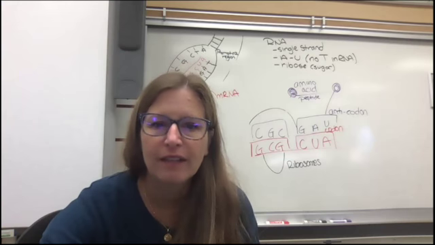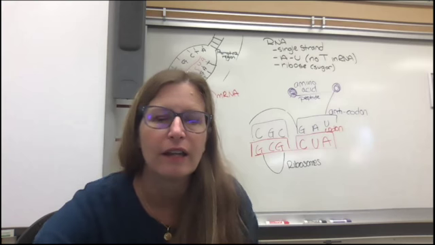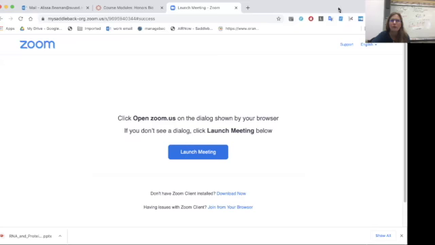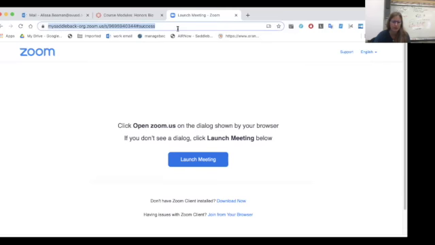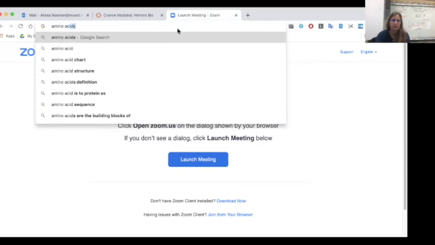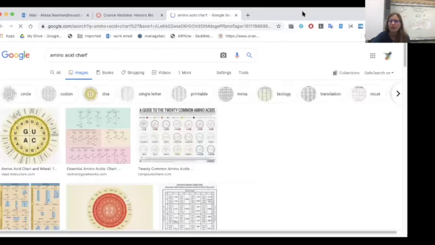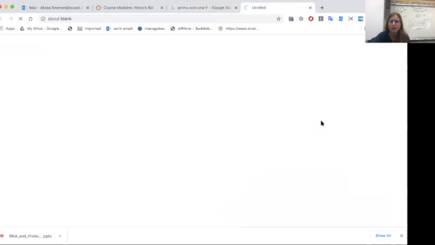All right, one last thing that I want to show you is, well, if I have my codons, how do I figure out what the amino acids are that go on them? So I just Googled amino acid chart, right? And I get one.